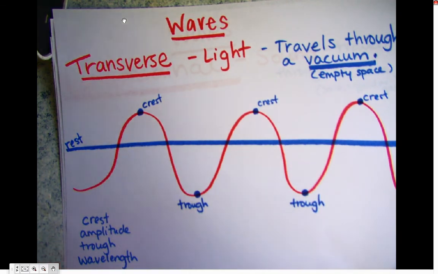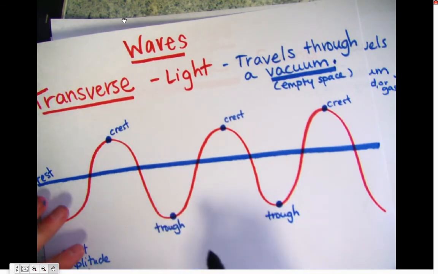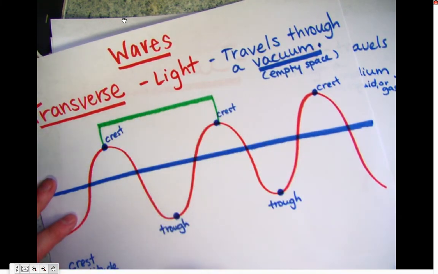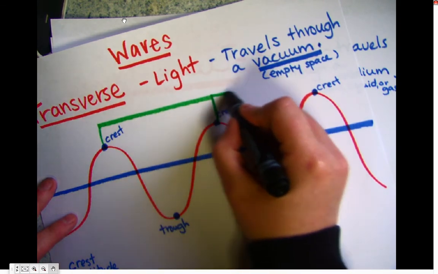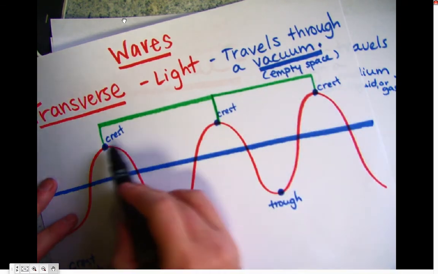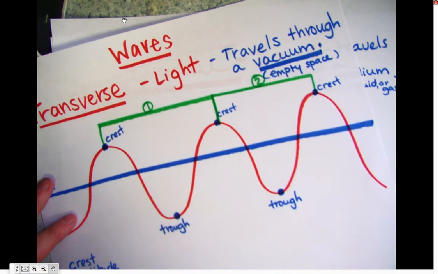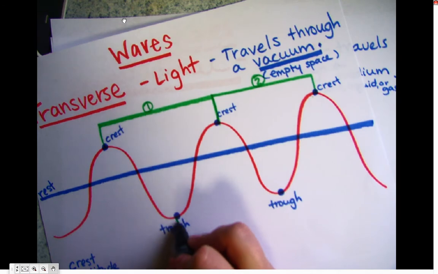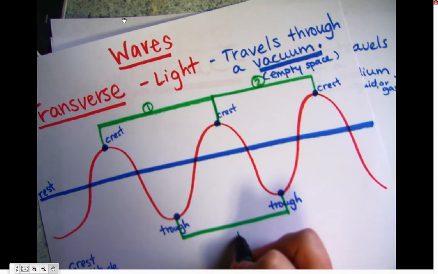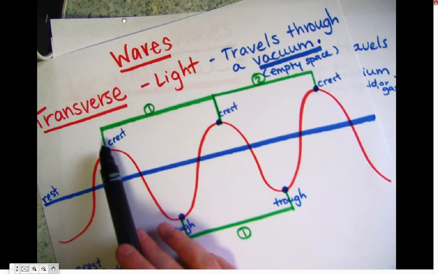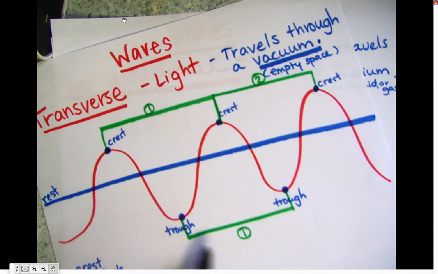So if I wanted to measure the length of a wavelength here, I would go from this crest to this crest, or I could go from this crest to this crest. So this one's one wavelength, from here to here is two wavelengths. Next, you could go from trough to trough, and that would represent one wavelength. However you want to do it, but crest to crest or trough to trough. So far, so good?